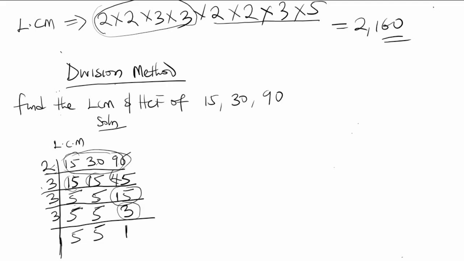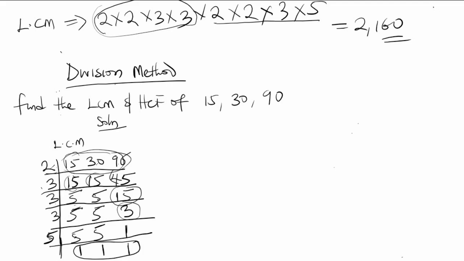What again can divide the remaining numbers? We find out that it's 5 that can divide what is remaining without a remainder. So 5 divided by 5 is 1. Basically, the idea is to divide everything until we are left with 1, 1, 1.